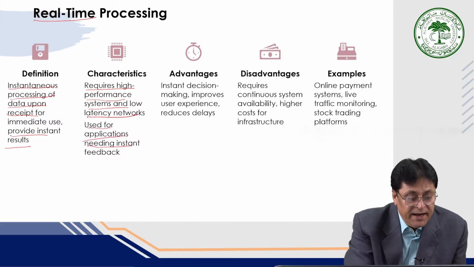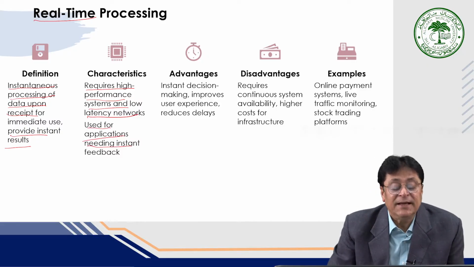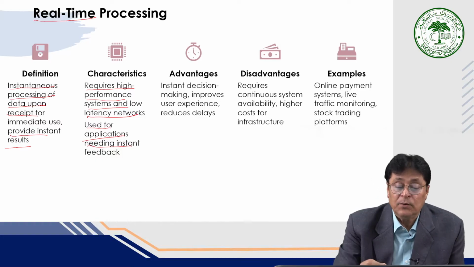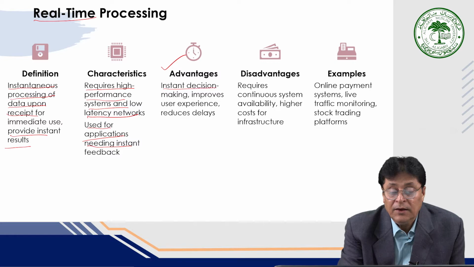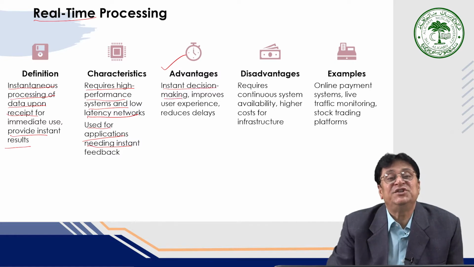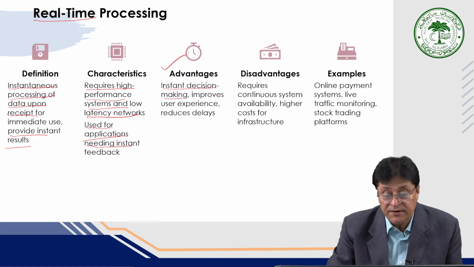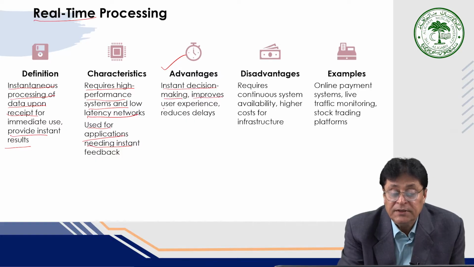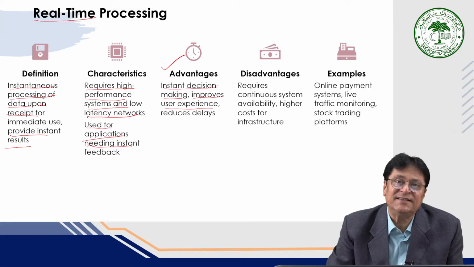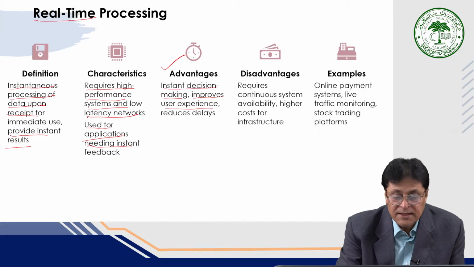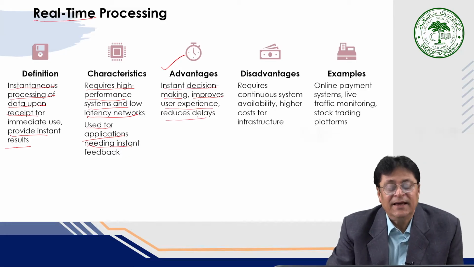As we discussed, it provides instant results. What are the advantages? It is good for instant decision making. One of the important advantages, it improves user experience and it reduces delays because latency should be as low as possible, minimum or no latency.